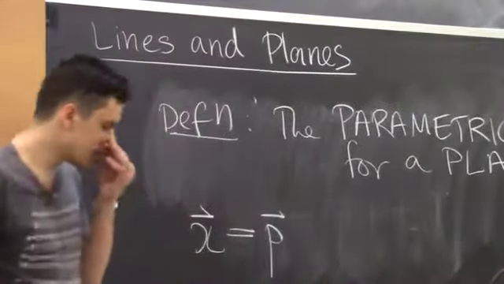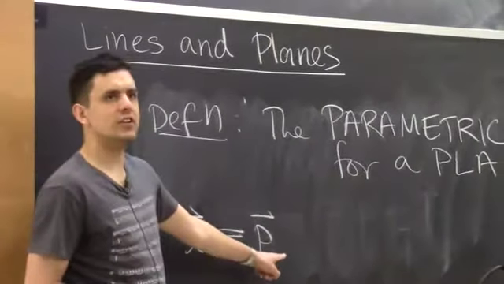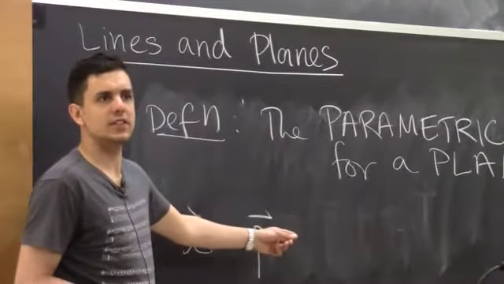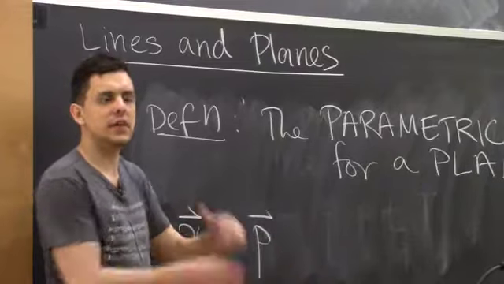Okay, so let's start off with that same idea. We're going to take our initial point, and what should we add to this initial point to get a plane now?